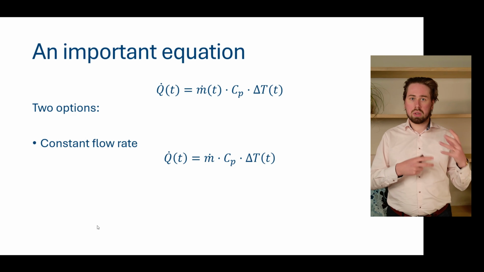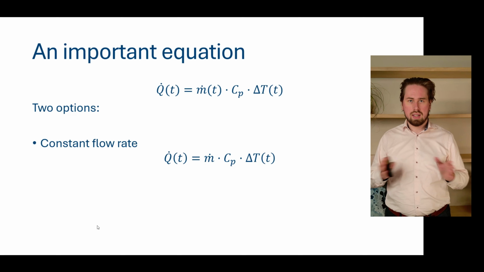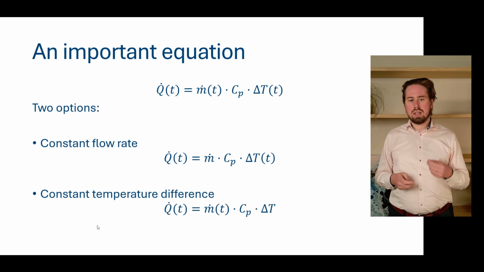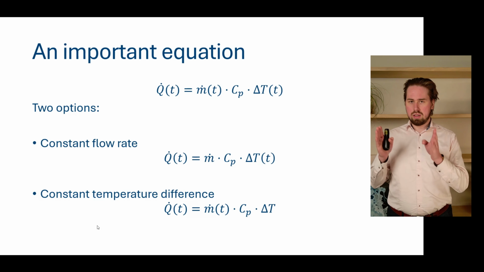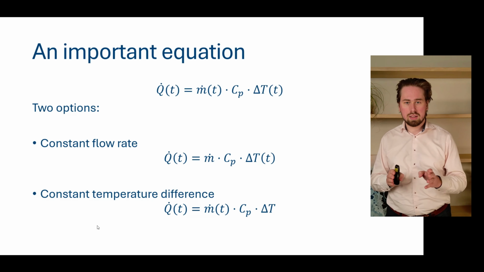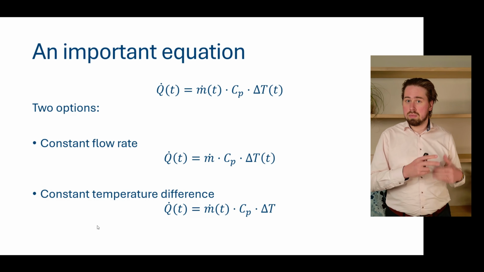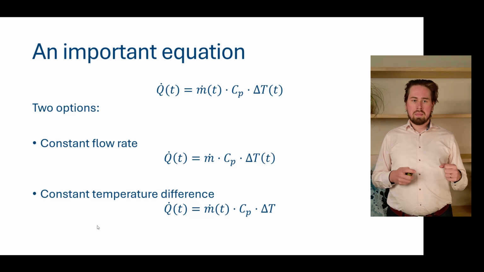And when our power changes, also our temperature difference across the inlet and the outlet of the borehole will change. The other newer and, as I will show later, more accurate assumption is using a constant temperature difference. Where we say, okay, let's work with a fixed difference between the inlet and the outlet, and let's change the flow rate such that we have the required power at every instance.